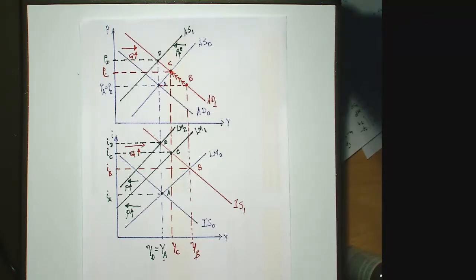And in the ISLM model, we have seen that IS increased from IS0 to IS1, whereas LM decreased first to LM1 and then to the final point of LM2. At our final equilibrium point D, in comparison to the initial equilibrium point A, we had a similar level of income, represented by YD equal to YA. However, at our new equilibrium point D, we had a higher interest rate of ID and a higher price level of PD.